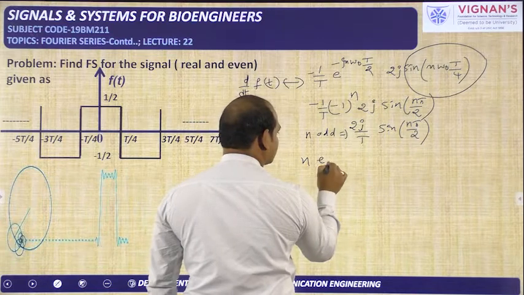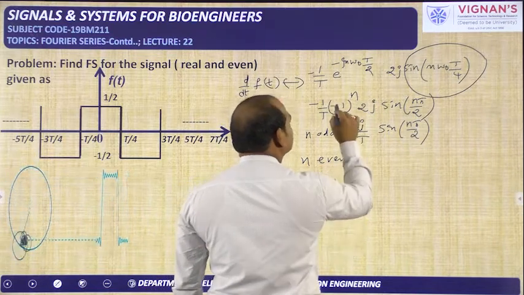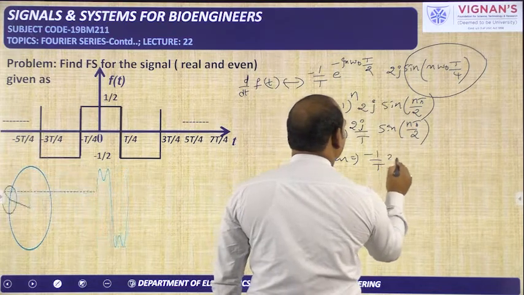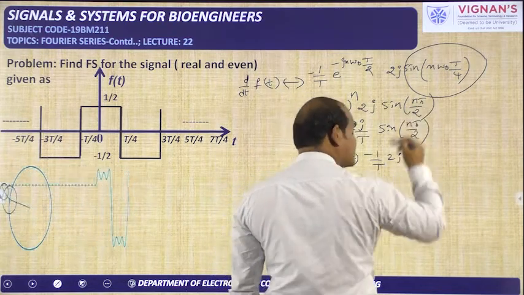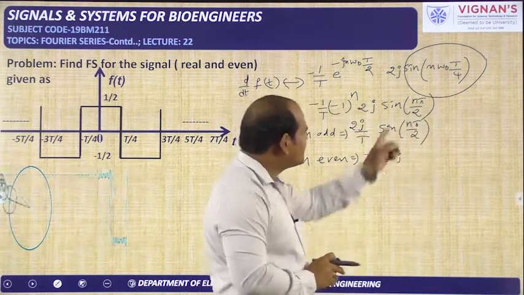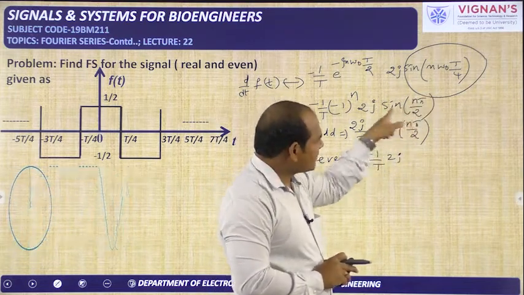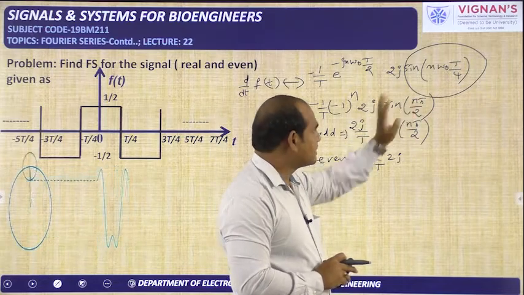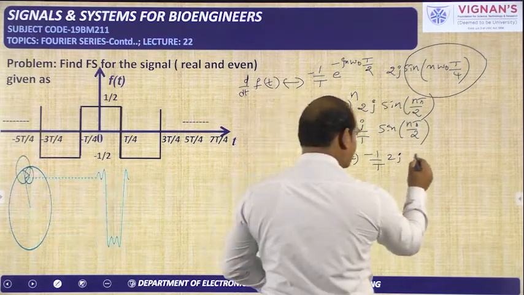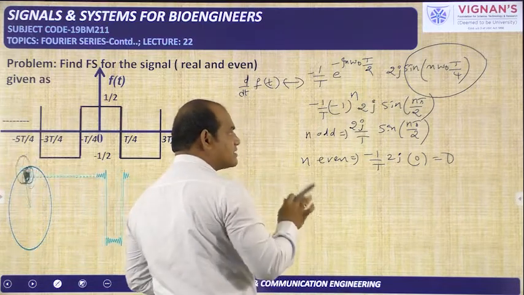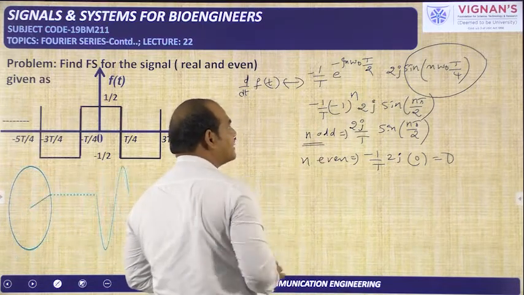If n is even, this is plus 1, minus 1 by T into 2j. If n is even, that means 2, 4 like that, if you take n equal to 2, sin pi is 0. If you take n equal to 4, sin 2 pi is also 0. n equal to 6, sin 3 pi is also 0. So like this the coefficient will become 0. So we will get non-zero coefficients for n odd only.